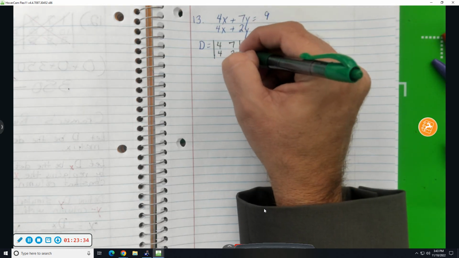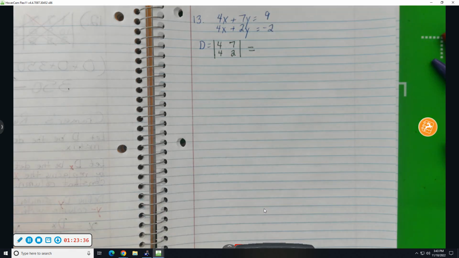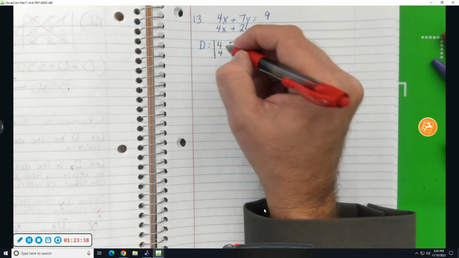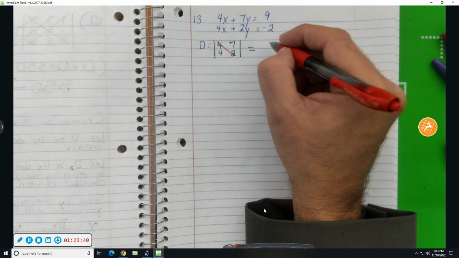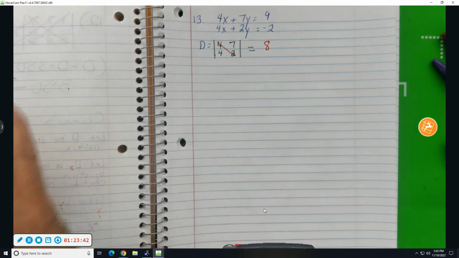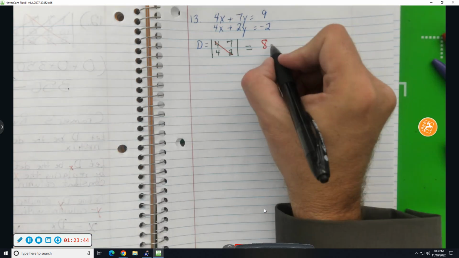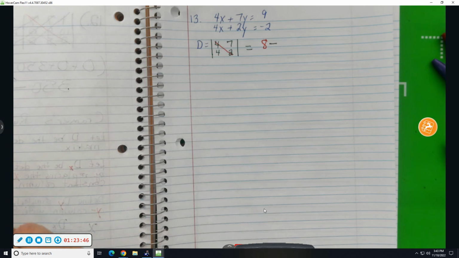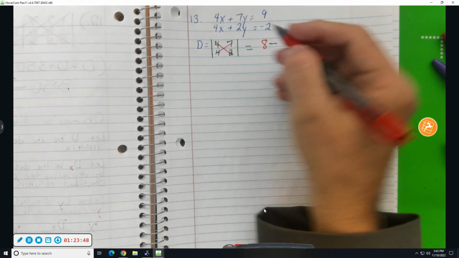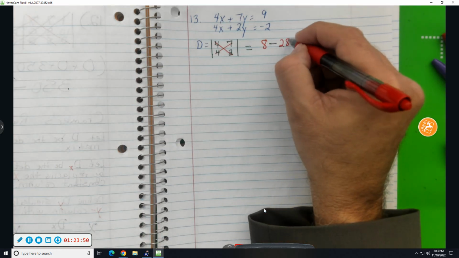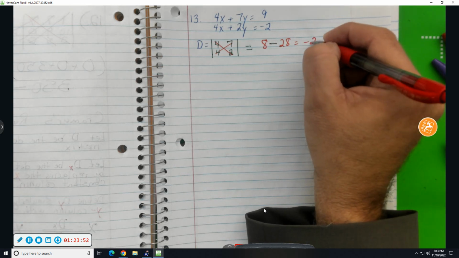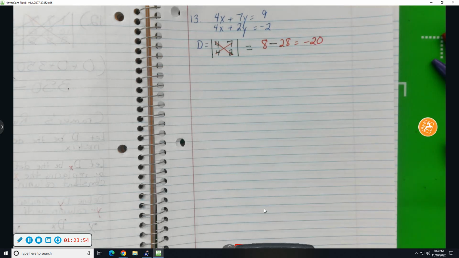The y column, 7, 2, and do the crisscross. 8 minus 28. 8 minus 28, that's a negative 20.